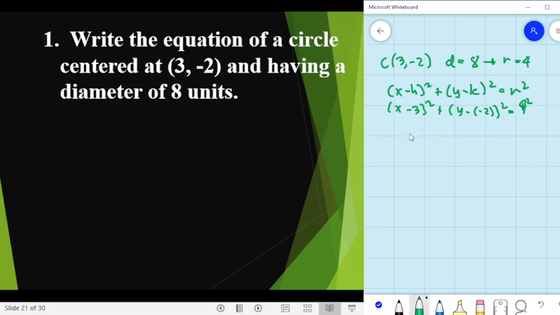Simplifying this one and this one, the equation would now be (x - 3)^2 + (y + 2)^2 = 16. So simplifying, the negative of negative 2 becomes positive 2, and that would be equal to 16. Okay, so that's the standard form of the equation of the given circle.